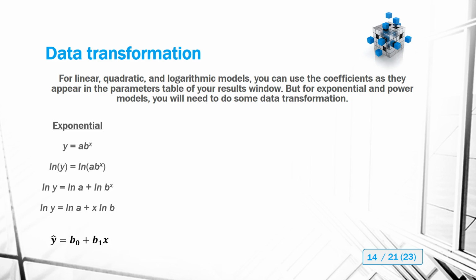So notice what we have with our exponential function. We have the natural log of y equals the natural log of a. A is just a number, so the natural log of a is just going to be some number. And then I'm adding that to x times the natural log of b. Well, again, b is some number, so the natural log of b is some other number.